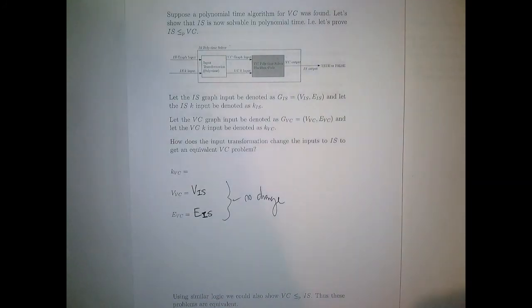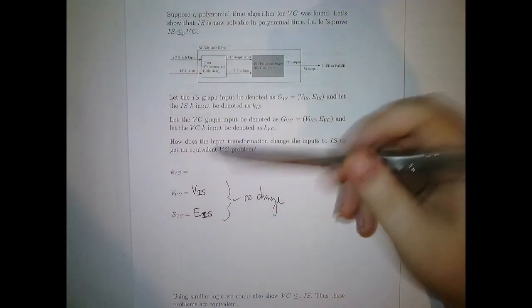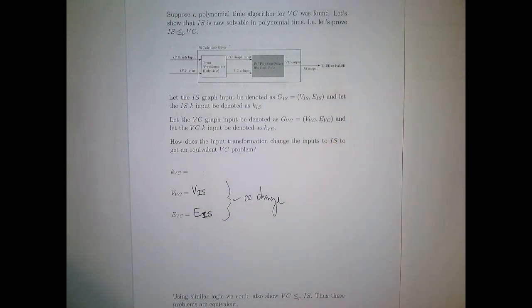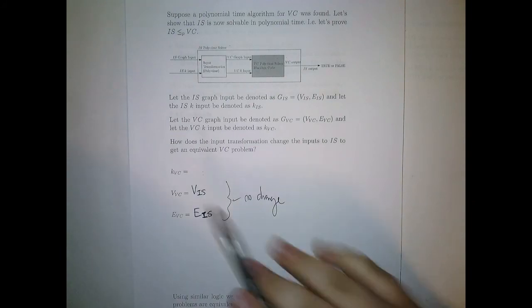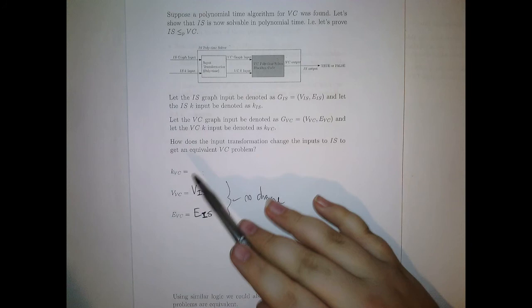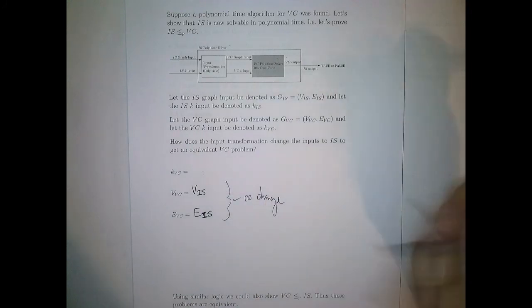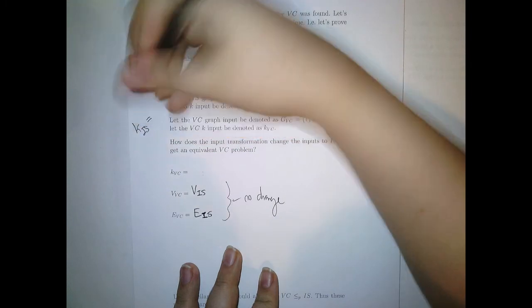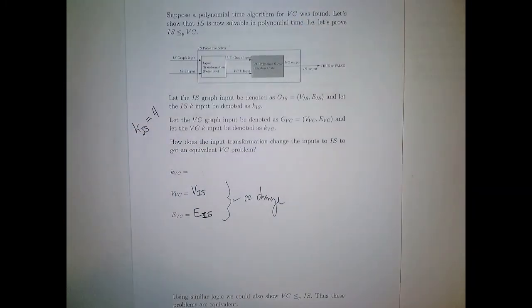Where the change actually occurs is in that complementary part. So the size of an admissible vertex cover has a relationship to the size of an admissible independent set. In particular, if we want an independent set of size K, let's say we're looking for an independent set of size 4, like in the previous page.